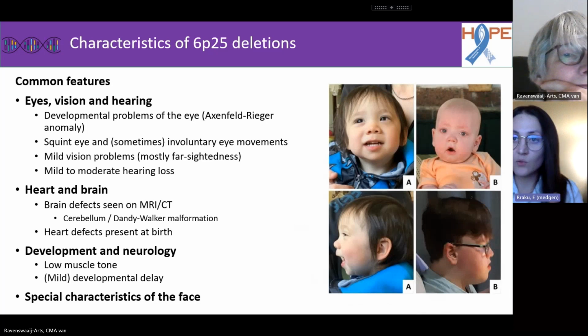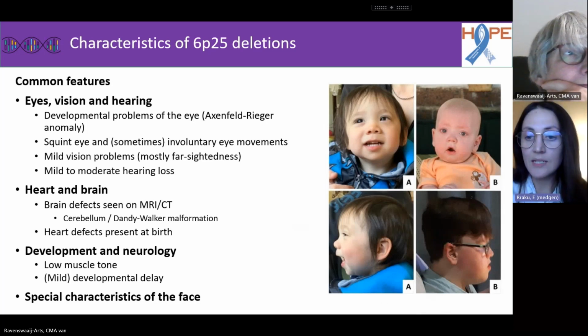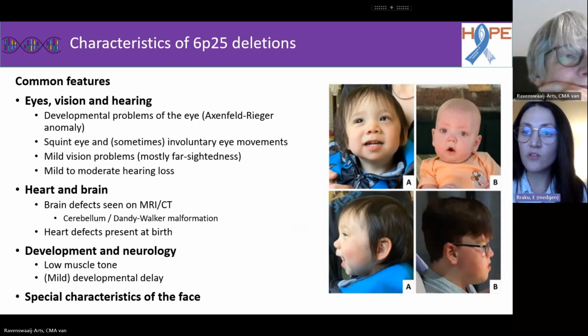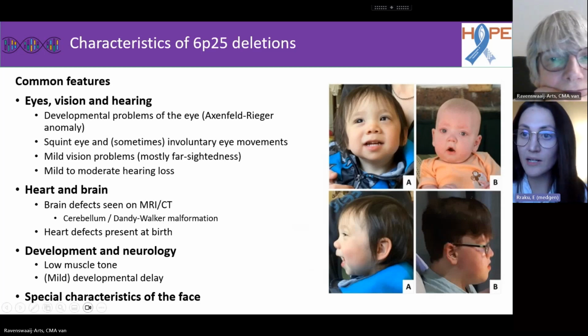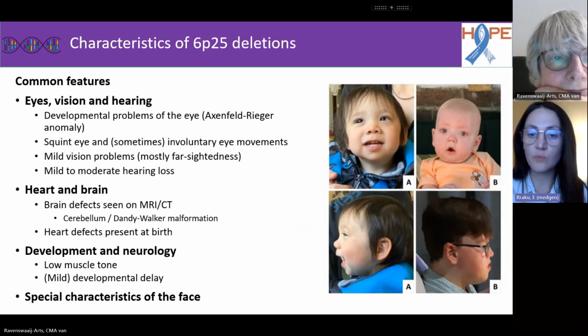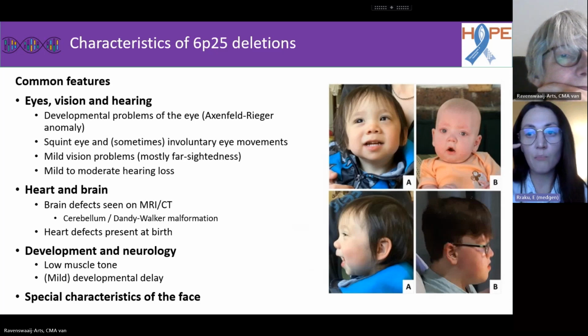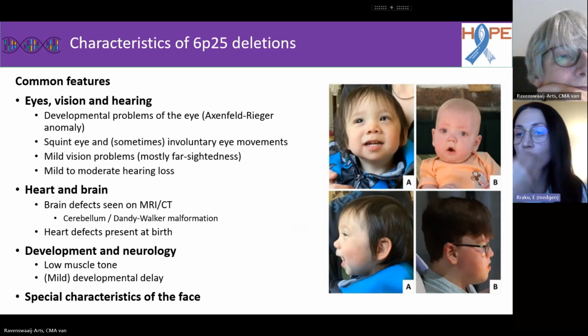These are two of the children that we included in our study, and you can see that what they have in common is the fact that their eyes are spaced a bit further apart than typically. And you can see in the lower left picture that the ear is positioned a bit lower than normally. And you can see also in both of them that the part of the cheekbones is a bit more flat. Next to these features, children also showed abnormalities in the formation and development or number of teeth.